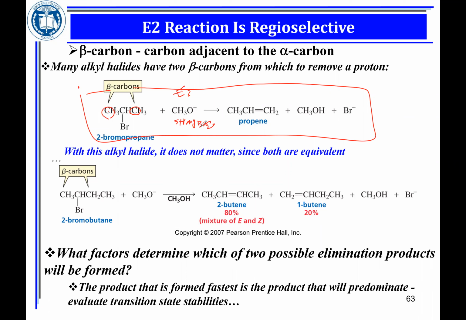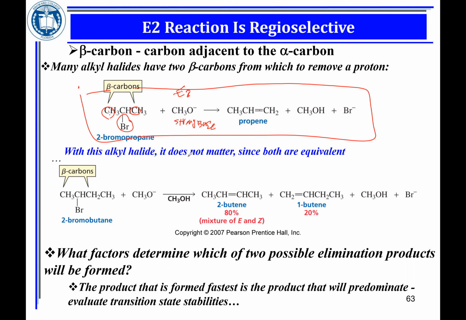So if you have a strong base, it's going to be E2. For both of them, tertiary is better than secondary, better than primary, but if you have a strong base, it's going to be an E2 mechanism. So beta hydrogen is going to be removed and the halide would leave, and a carbon-carbon double bond is going to form.